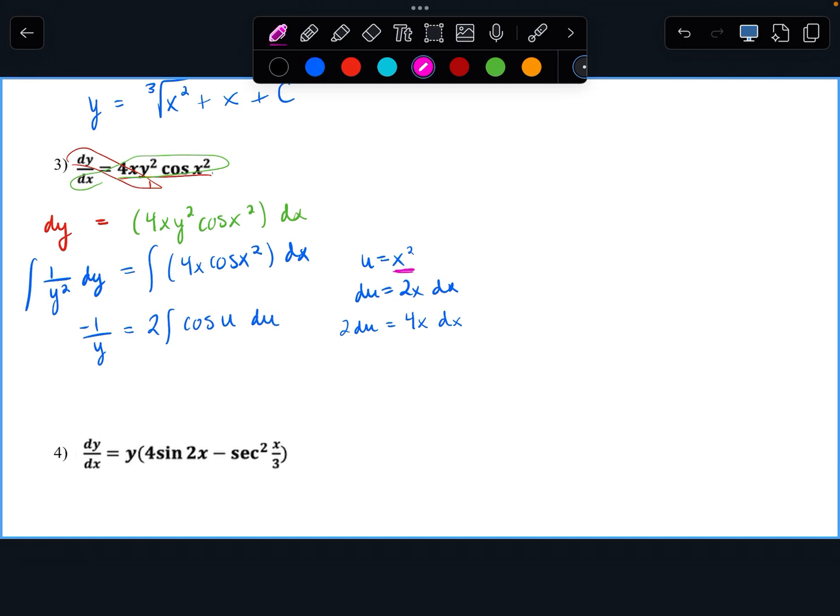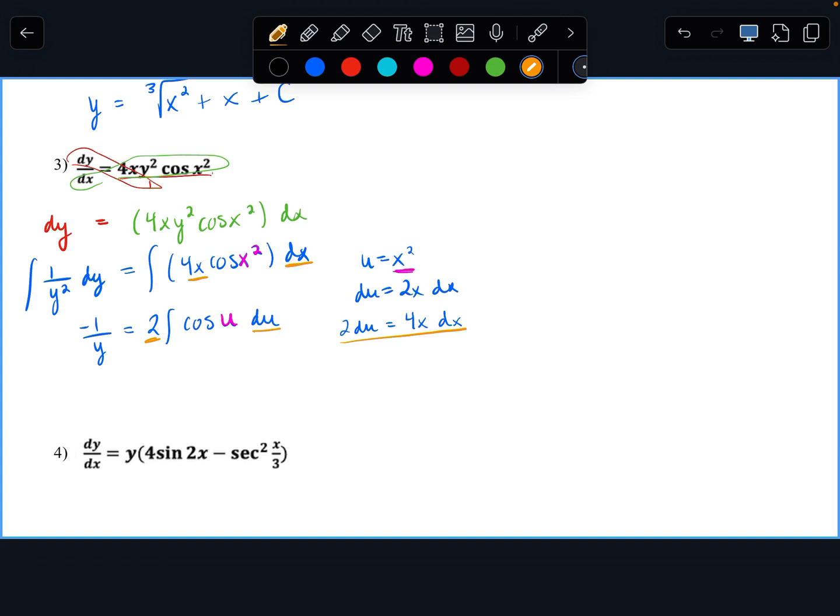Here, maybe. So this is my u, right? And then this is my 4x dx. You know what I mean? So that's another way you could do it. Or you could just solve for x, and then you would divide by 2. It's kind of what you want.